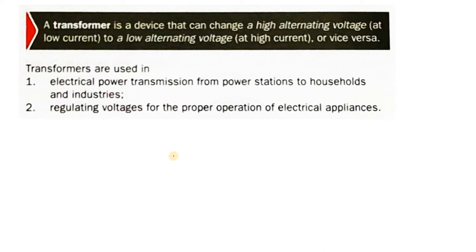A transformer is a device which can change a high alternating voltage, which is at low current, to a low alternating voltage, which is at high current, and vice versa based on our requirement. Where do we use it? We use it for electrical power transmission from the power station to our houses and industries, and also to regulate the voltage for proper operation of different electrical appliances.